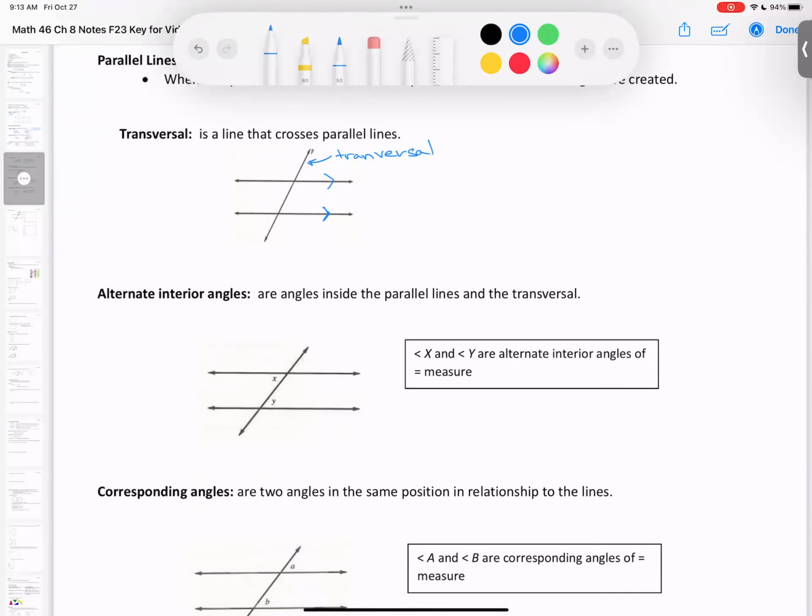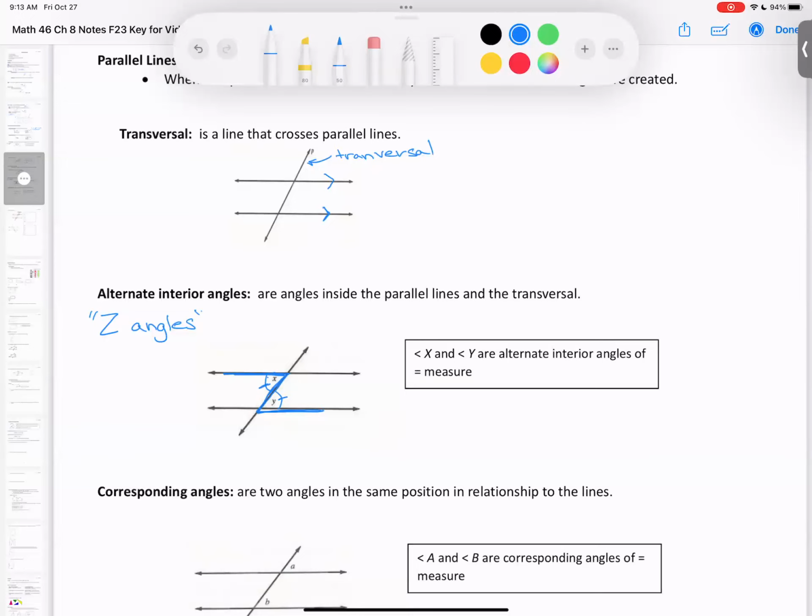We've got alternate interior angles, which I think of as Z angles because they kind of make a Z. For example, if you look here at angle X and Y, you can imagine you could draw yourself a Z right here, with the two parallel lines being the upper and bottom line of that Z. That means the two angles inside the Z, here the X and the Y, are going to be equal to each other.